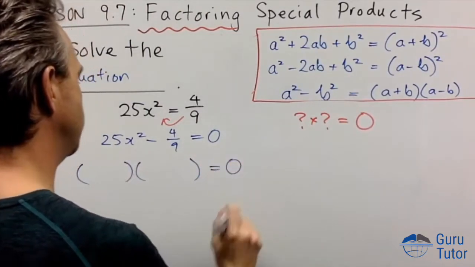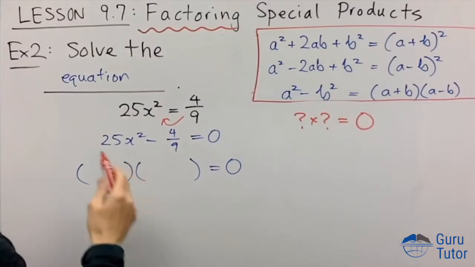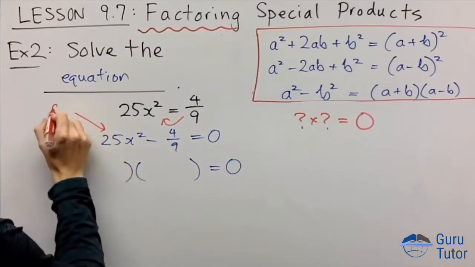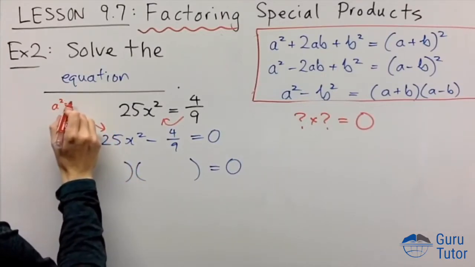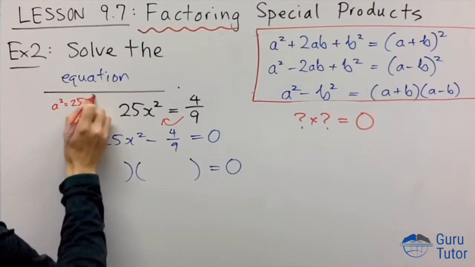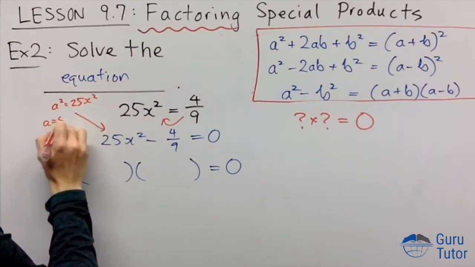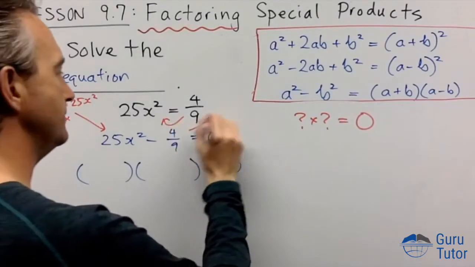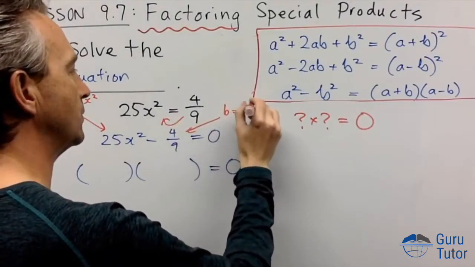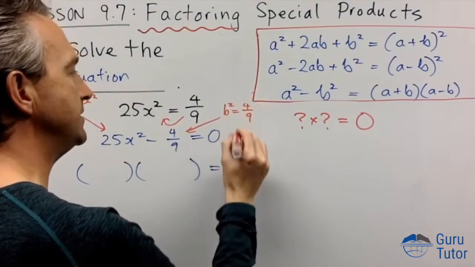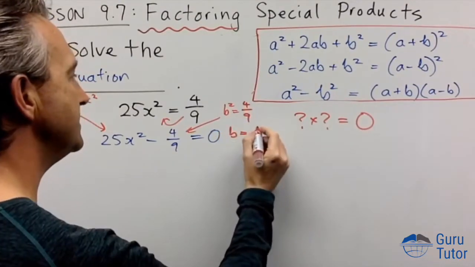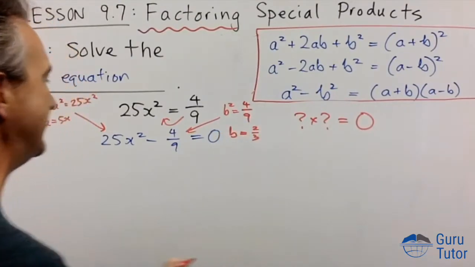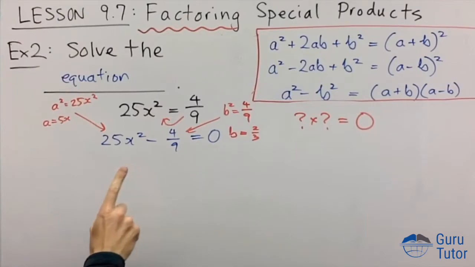So this is going to factor into something times something equals 0. This is going to be our a squared. A squared is 25x squared, which means a is 5x. B squared is 4 over 9, which means b is 2 over 3. So knowing that, let's factor.